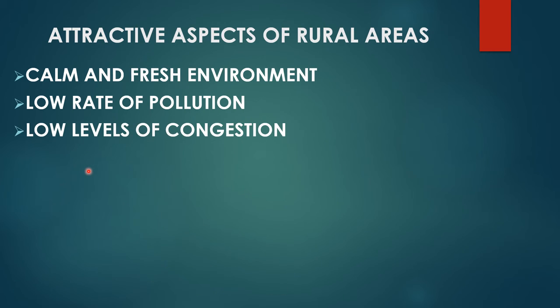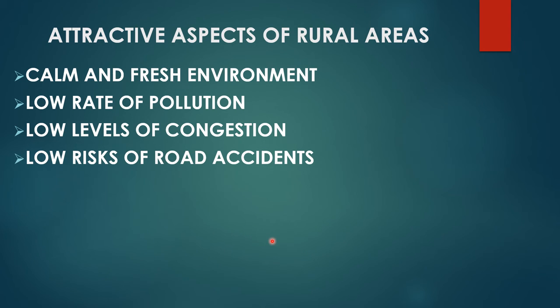We talk about low levels of congestion. In the rural areas, we have very few people who live there, and taxis are few, and cars are also few, making congestion to be absent, and so many people prefer the rural areas. We have low risk of road accidents.